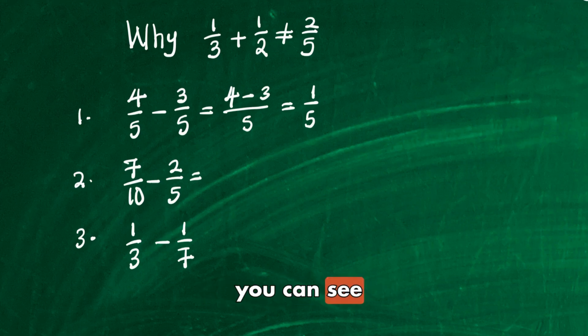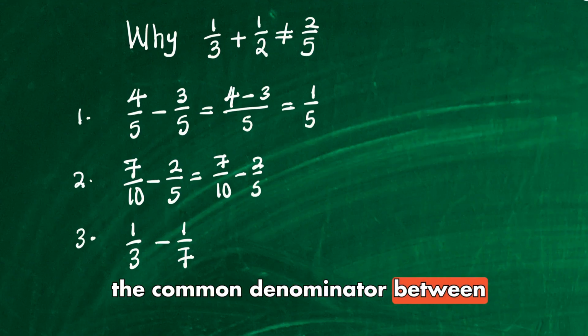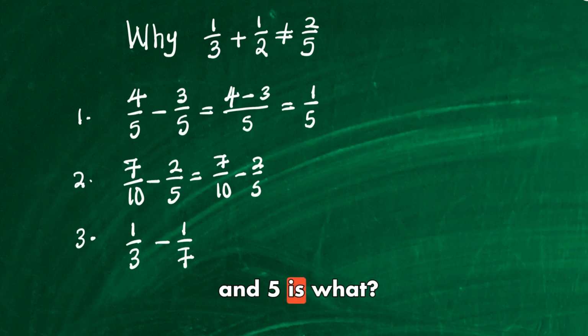Okay, now look at the second one. The second one, you can see that you have 7 over 10 minus 2 over 5. Now, the common denominator between 10 and 5 is what? Is 10, because 5 can go into 10 2 times. Now, the first fraction is 7 over 10, and the second one is 2 over 5.